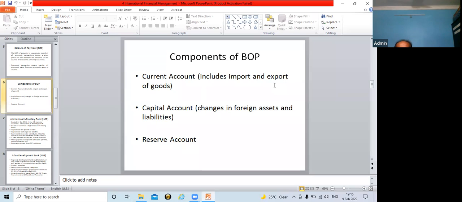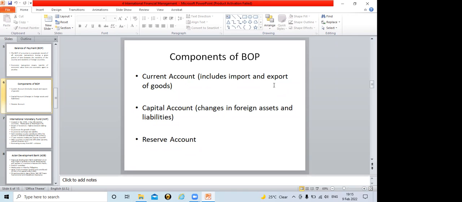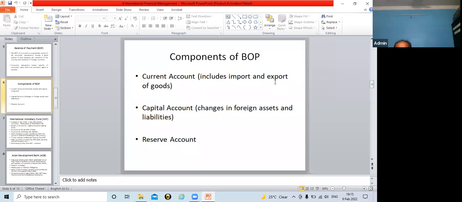Am I correct? If we are exporting, we are expecting foreign currency from other countries. Right? Yes, sir. So it will be on the positive side.